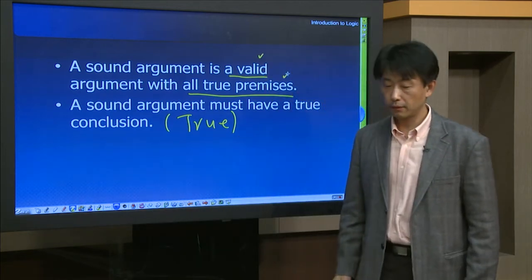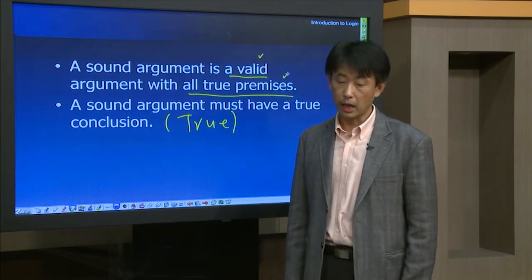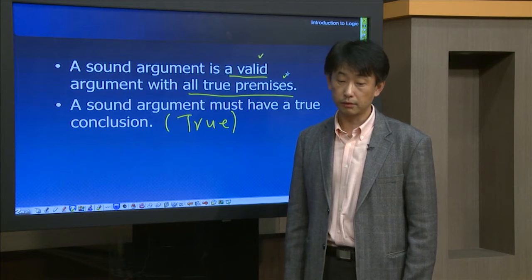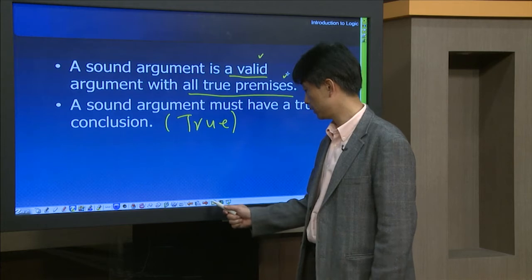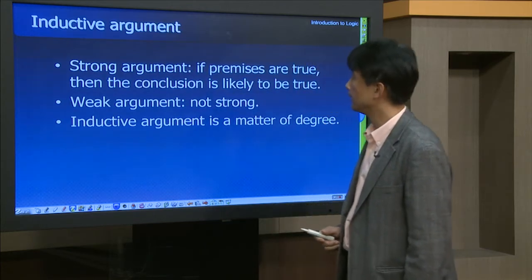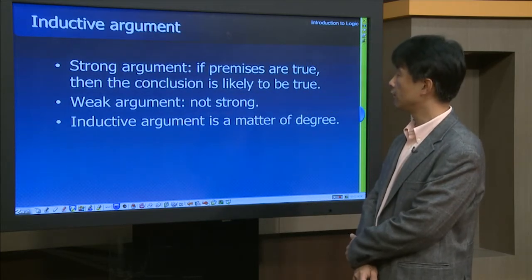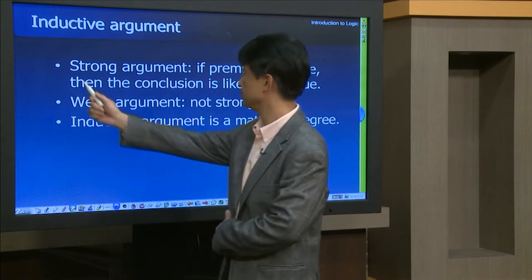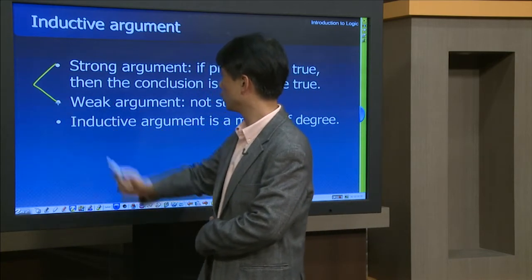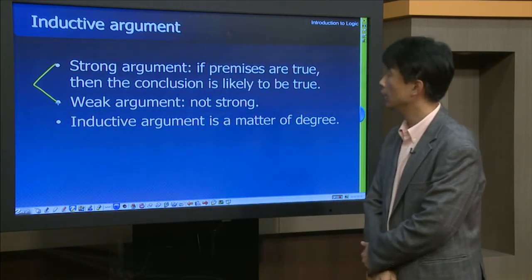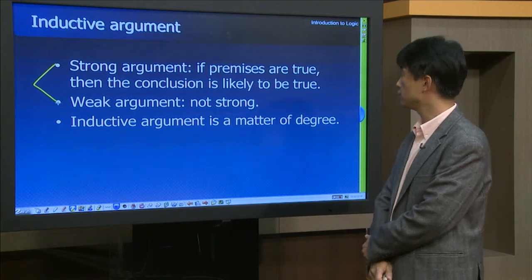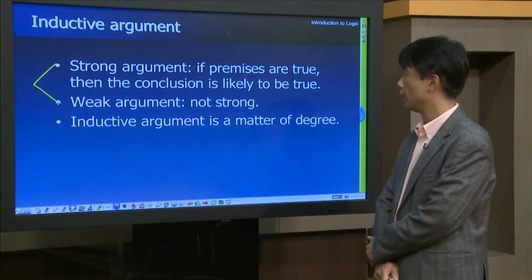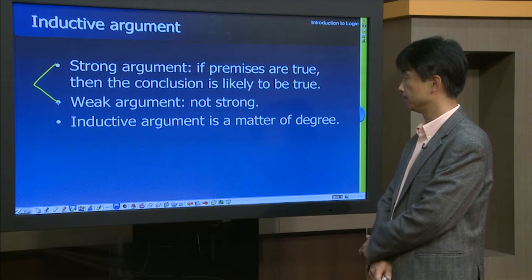Okay, that wraps up our discussion of deductive argument, and let's move on to inductive argument. Inductive argument is divided into two kinds: strong and weak argument. A strong argument is one where, if the premises are true, then the conclusion is very likely to be true.